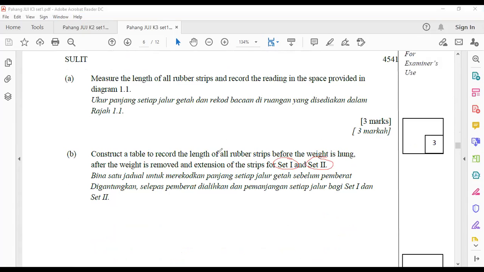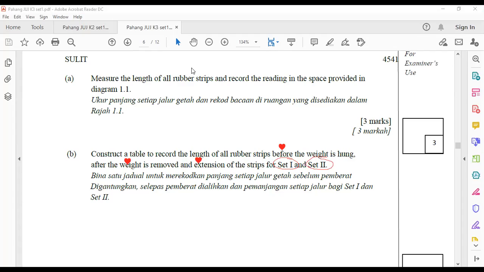Then you will have the length before the weight is hung, column number 2. Column number 3, the length after the weight is removed. And column number 4, the extension. All this must be put in the unit of centimeter.